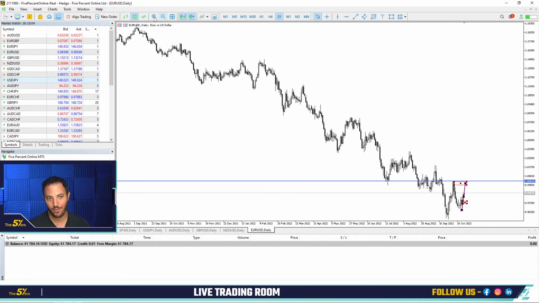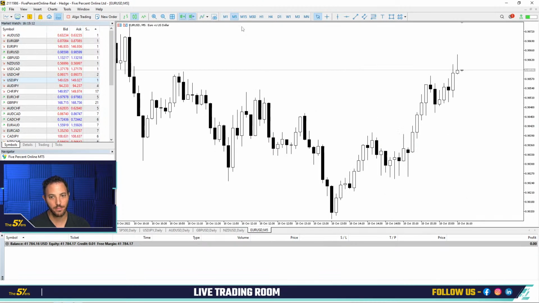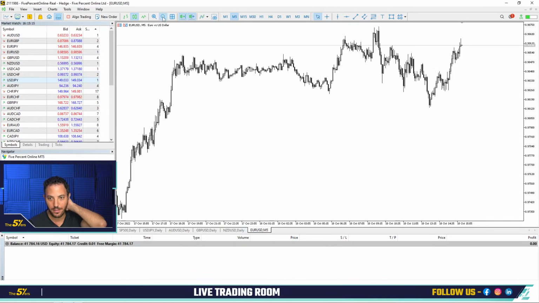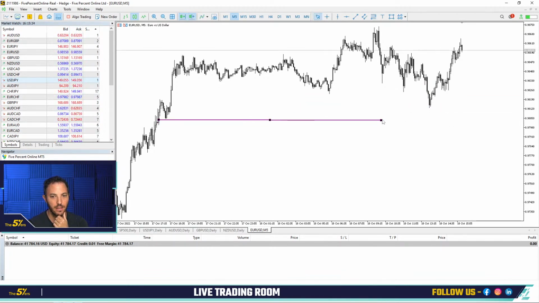So I'll drop to the euro, and I'll stick to my analysis. And I go to lower time frames. So for the purposes of this session, I'll be bullish as long as we stay above that line, that level there.